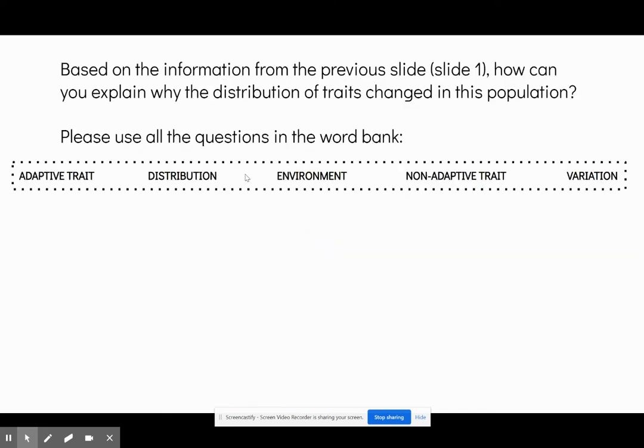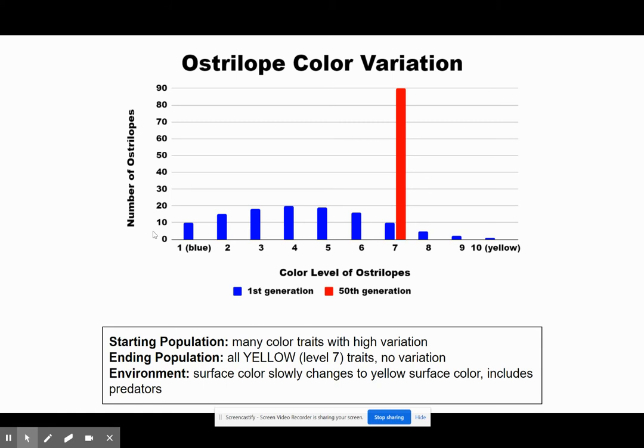We can see that the distribution and the variation have shifted. The distribution was once pretty even. Evenly distributed. There were some blues, some greens, some yellows, but now it's all changed, and now the distribution is just straight yellow. And same with the variation. Variation has gone down as well. The variation is now just all straight yellow.